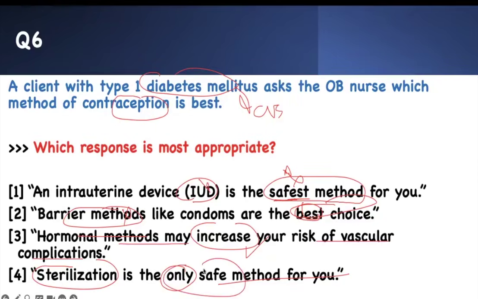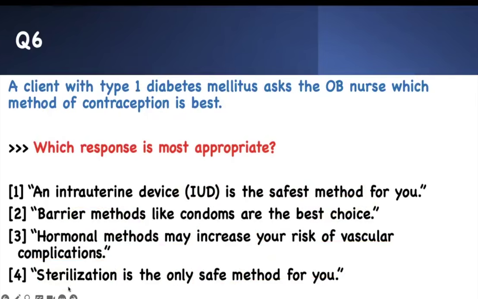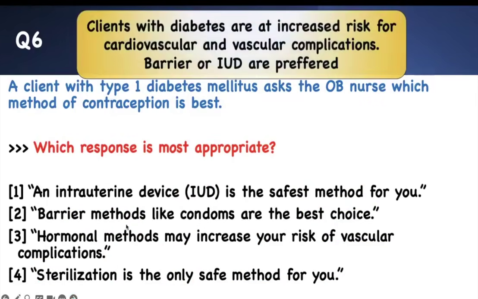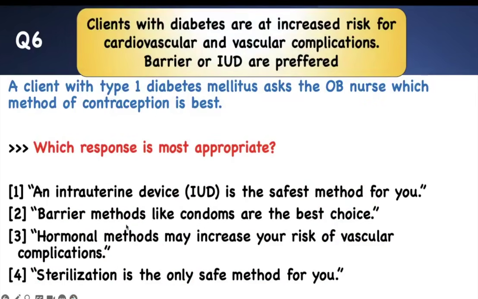Sterilization is not the only safe method. And therefore, the right answer is number 3. But that's the concept I want you to know when you're picking an answer choice. Clients with diabetes are at increased risk of what? Cardiovascular and vascular complications. Therefore, barrier method and IUD are preferred, but none of them is the best, right? None of them is the safest. They are okay, 100% the same.